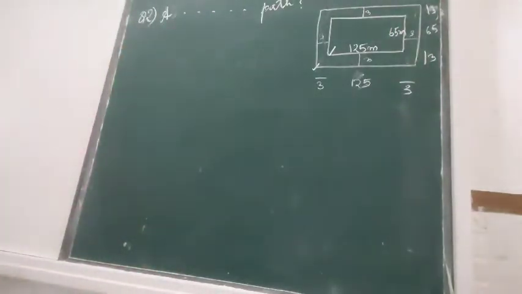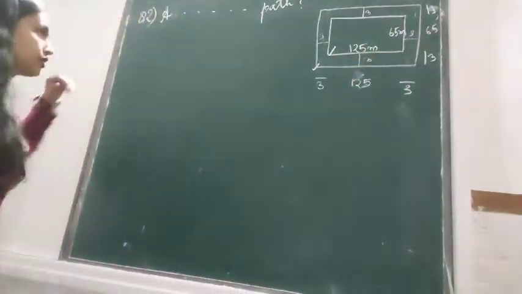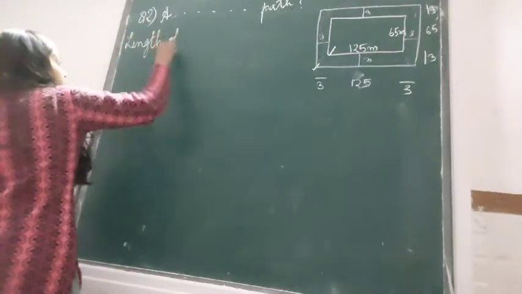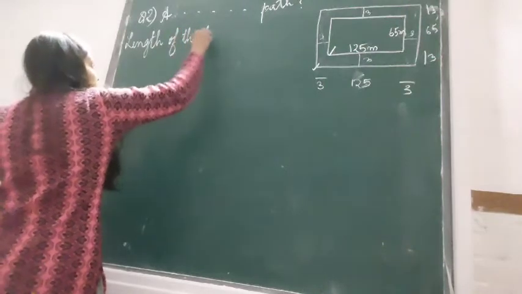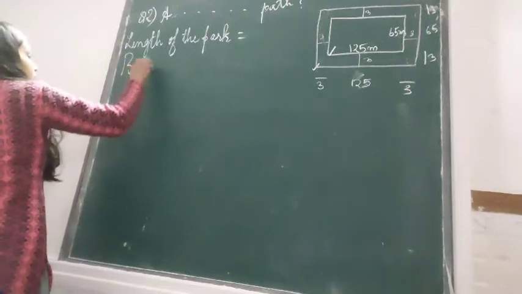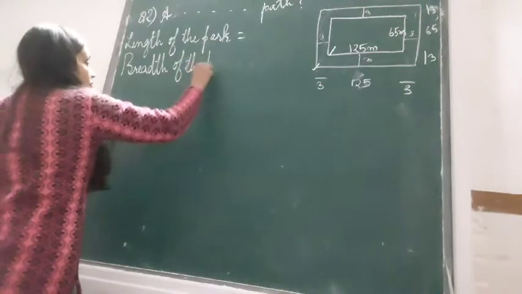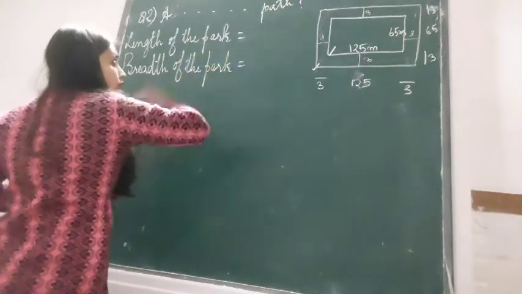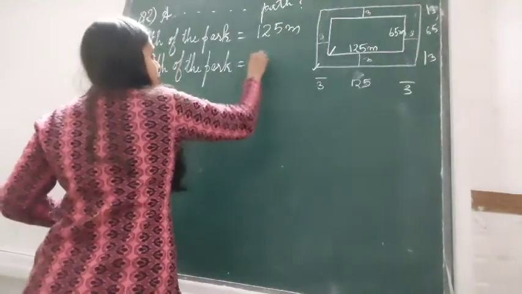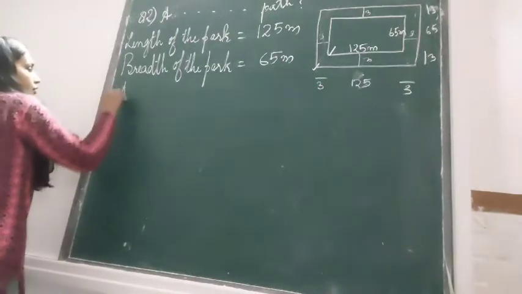So let's start. What is given? Length and breadth of the rectangular park is given. So let's write that. Let's find out the area of the park also.